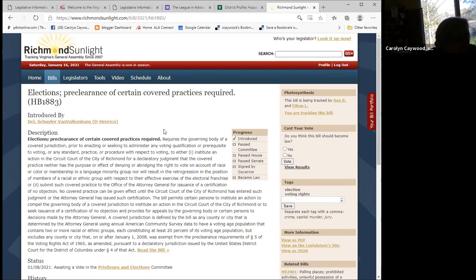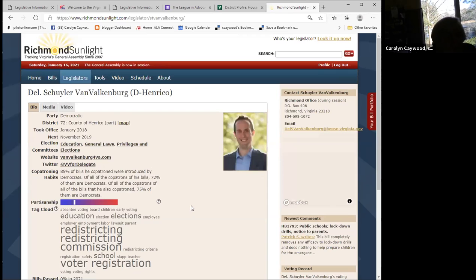A couple of things that we have under the legislator. Let me just pick up Schuyler Van Valkenburg. In some ways, it's very similar, but we've got a nice little map of the district. We've got the Twitter handle, which I don't think they had on the other one. This, I think, is really interesting. 85% of the bills he co-patroned were introduced by Democrats.